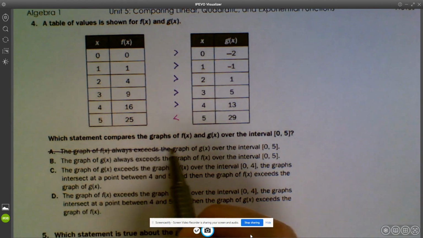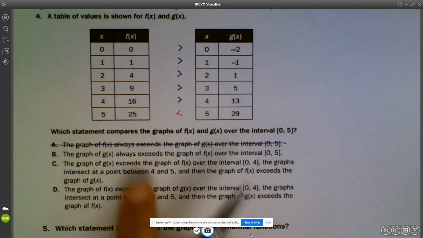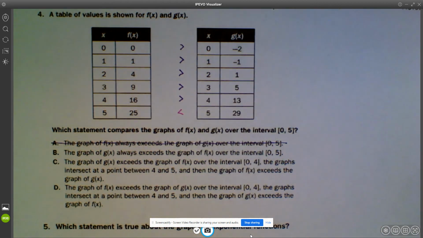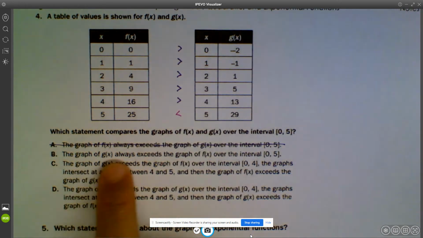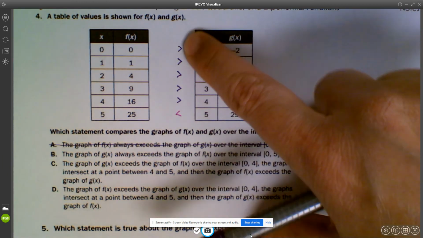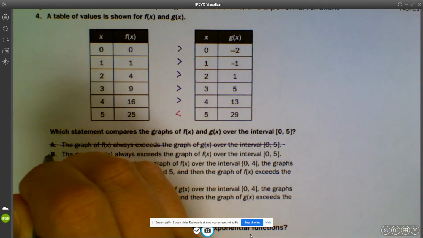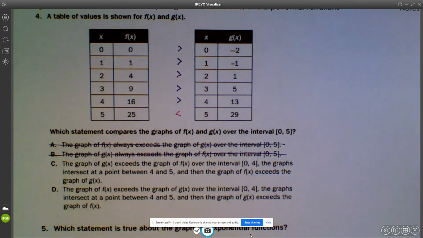It exceeds up to the interval 0, 4, but not on the interval 0, 5. And always is a big deal in math. That means it has to be true every single time, and it's not. The graph of g of x always exceeds the graph of f of x over the interval? Well, no, because for the longest, f of x was greater. So we know that part B is not true.